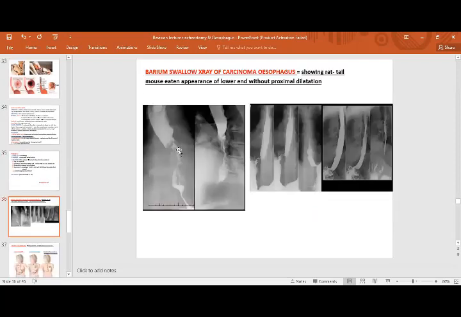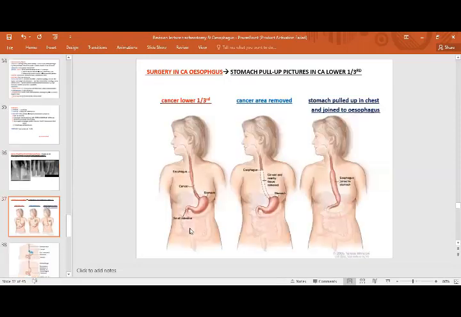You can see that this is a picture of the barium swallow. Actually, you can see the rat-tail appearance. These are different types of strictures. You can see perforation. And this is basically the stomach pull-up. You can see there's a tumor present over here. You need to remove the tumor, and then the whole cancerous area should be removed, and then the stomach should be pulled up to join with the esophagus.